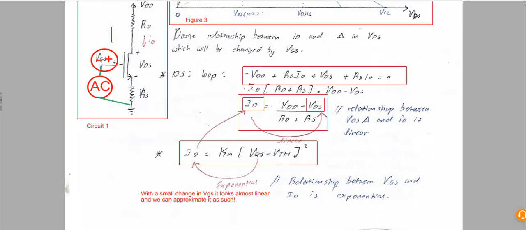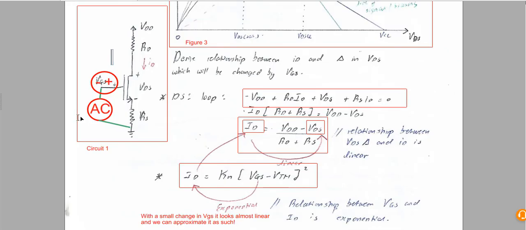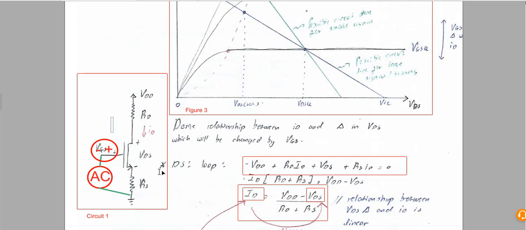Now let's look at this line. When we have this, we can say we are biasing this thing. Before I look at the change of AC, let's say we have this loop equation here, and then we've got VDS here.